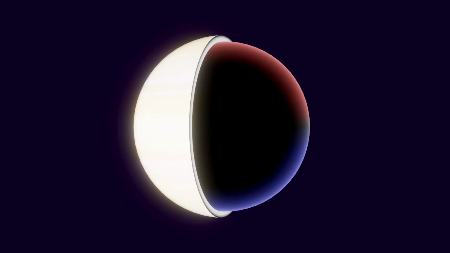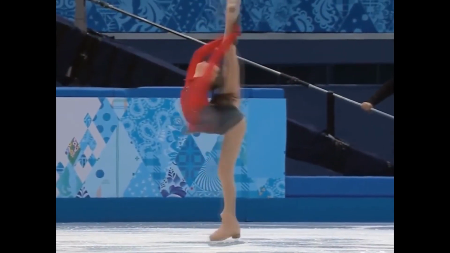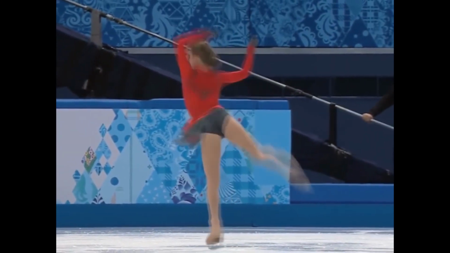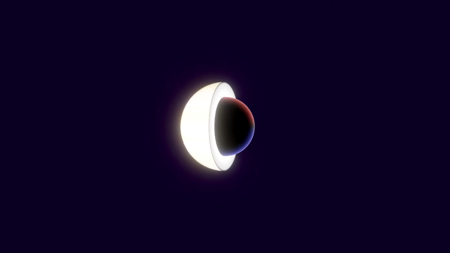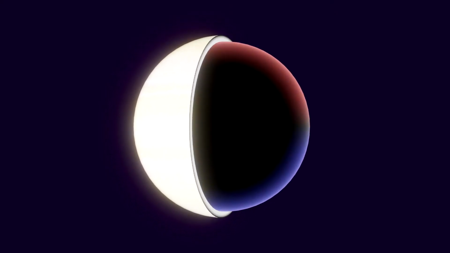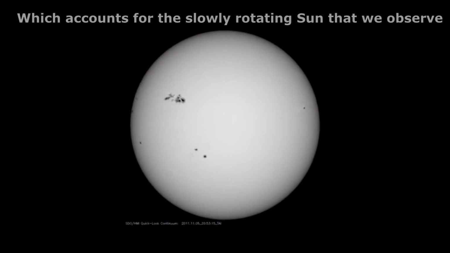The inside of the shell is a cavity, a creation of subspace. Like a spinning ice skater extending her arms and reducing her spin, the expanding Sun's rotation is reduced in accordance with the laws of angular momentum.